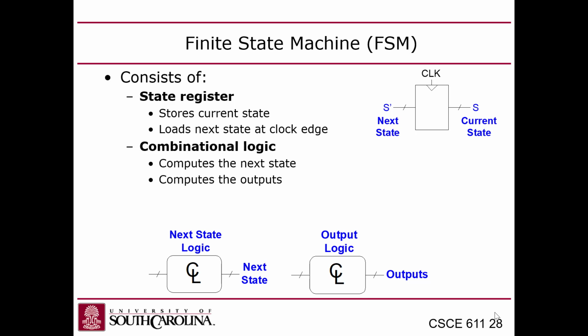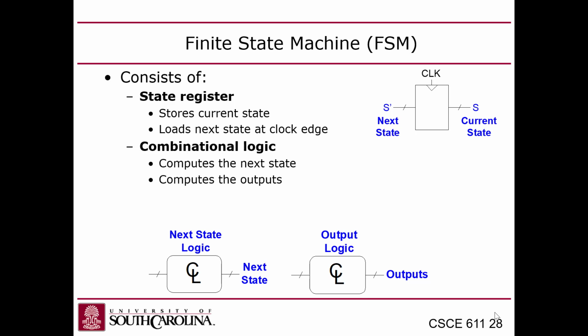the state is held in a register. Or you can think of it as a bunch of flip-flops where you have one flip-flop per state bit. So in that example, there are 2 state bits, so we'd have 2 registers that hold the current state. The flip-flop's output is giving you the current state, and the input is the next state. In this case, they show S prime and S. They're both connected to the register, but one is the input and the other is the output.